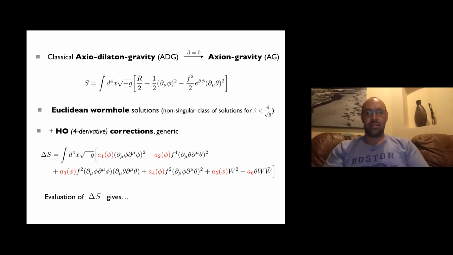But in our case, the last 2 contributions given by the Weyl tensor and the gravitational Chern-Simons are going to be trivially vanishing, because our solutions can be put in a conformal gauge, so they are going to be 0.